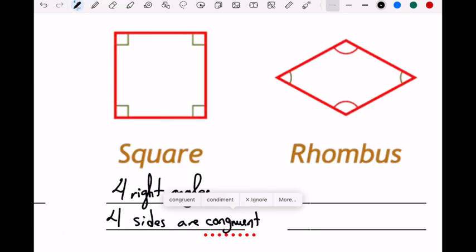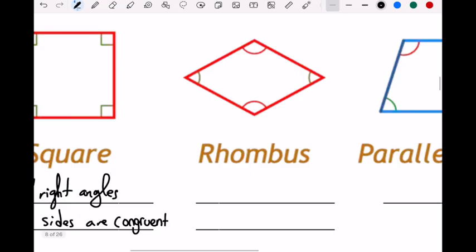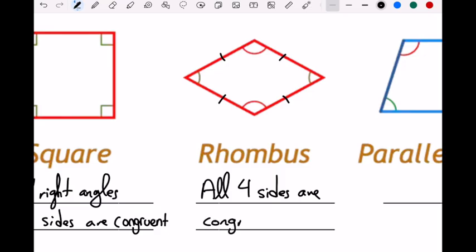All the sides are congruent. Now, in a rhombus, all four sides are congruent.